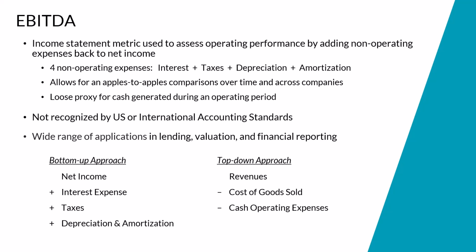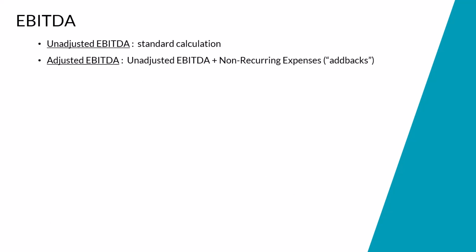Now, lastly, there are two EBITDA calculations that you should be aware of, including the unadjusted EBITDA and the adjusted EBITDA. So unadjusted EBITDA is simply the standard EBITDA calculation we discussed on the previous slide, and adjusted EBITDA takes this calculation one step further and also adds in non-recurring expenses and other discretionary expenses.